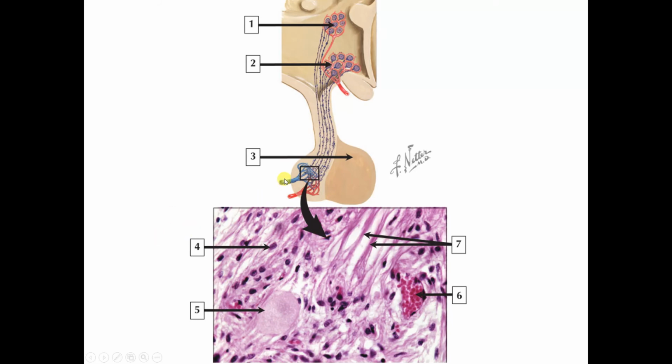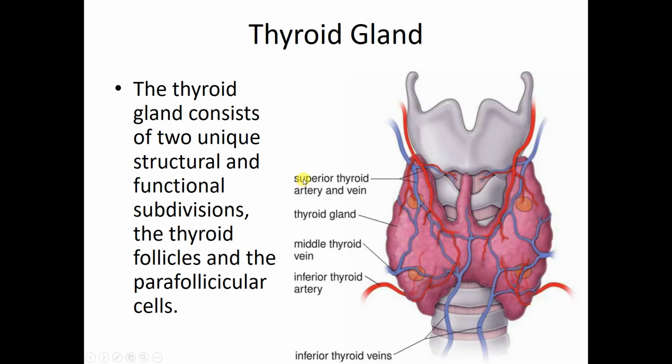For example, you heard about diabetes mellitus, but you didn't hear about diabetes insipidus. This diabetes insipidus usually happens due to lack of production of this vasopressin hormone, of course, lack of production.